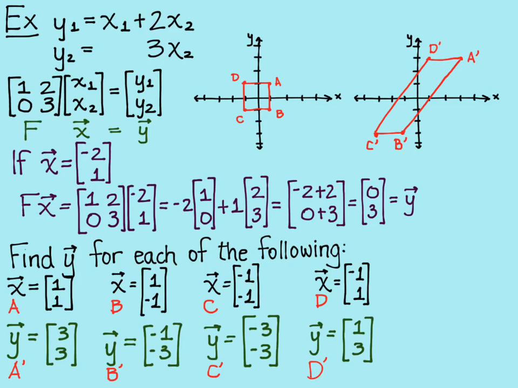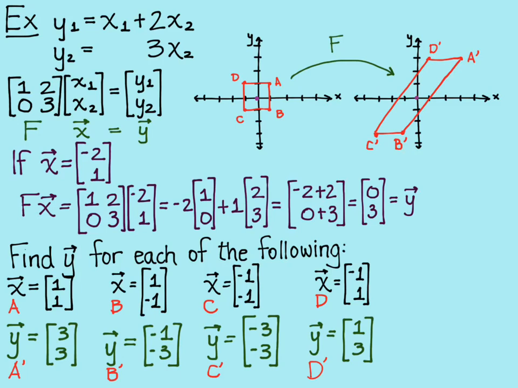And you'll notice that what we've done is we've transformed the points. So A got mapped to A prime, B got mapped to B prime, C got mapped to C prime, and D got mapped to D prime, where the mapping happened by multiplying the vector x by F. You'll also notice that the origin itself gets mapped to the origin. So in other words, F times the 0 vector is the 0 vector.